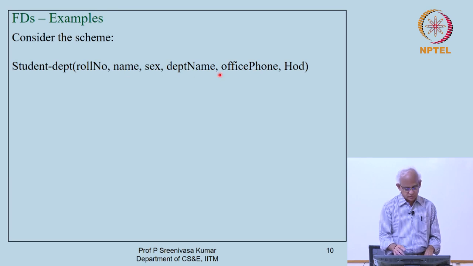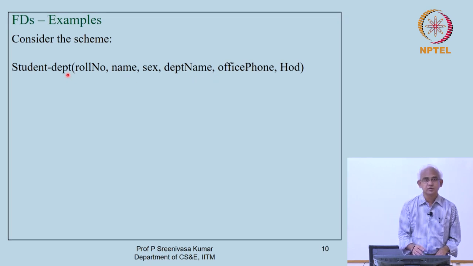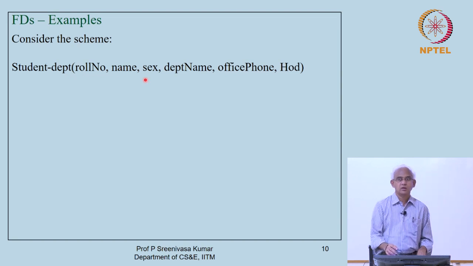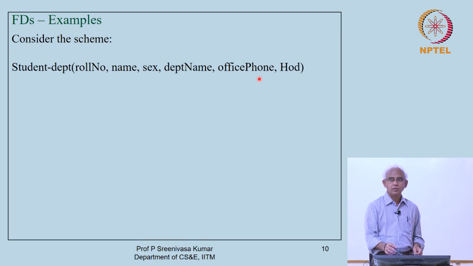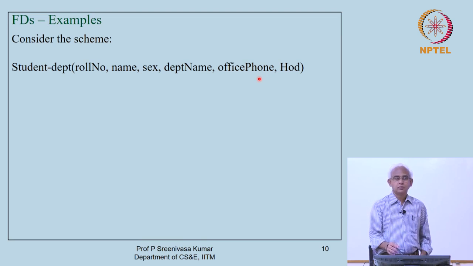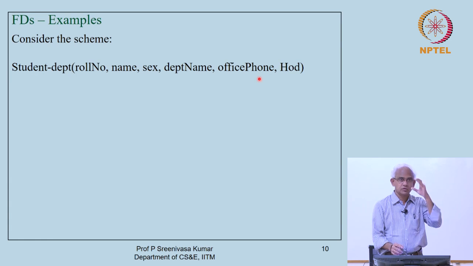So, under these assumptions, what is the key for this scheme? What is the hesitation for telling me the key here?